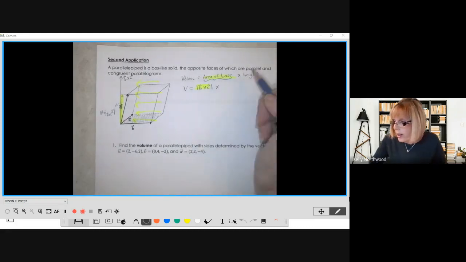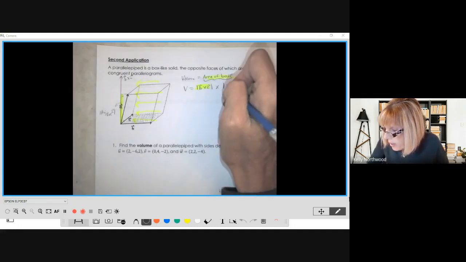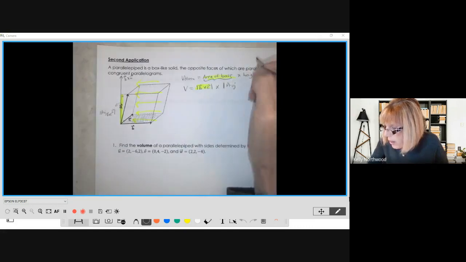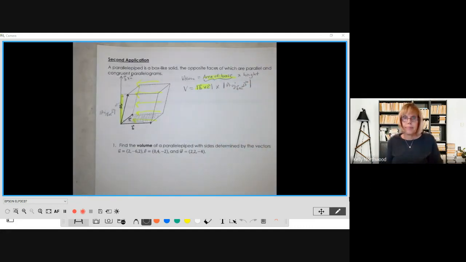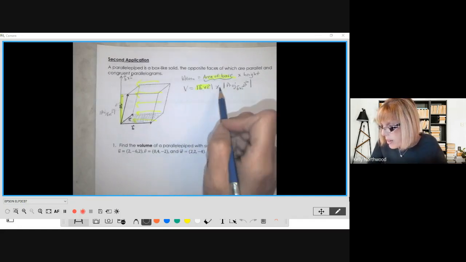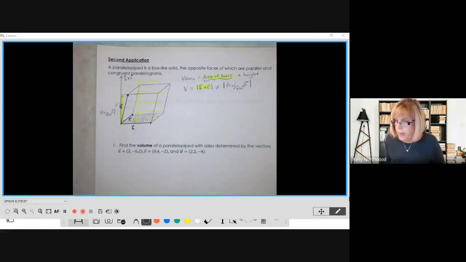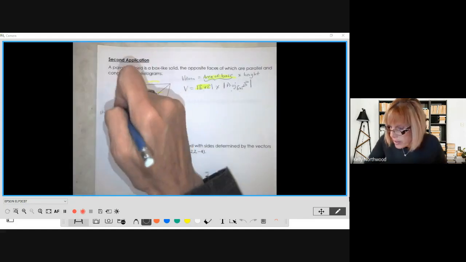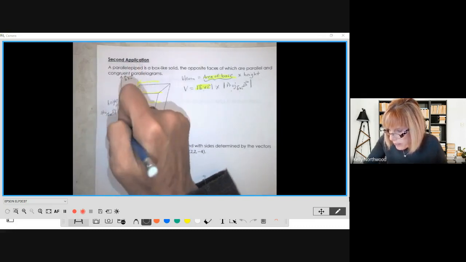So the height of the parallelepiped is going to be the magnitude of the projection of vector A onto vector B cross C. So we've got volume is the area of the base, which is the magnitude of vector B cross C, times the height, and the height is the projection of vector A onto vector B cross C. So this is the height right here, from here to here.